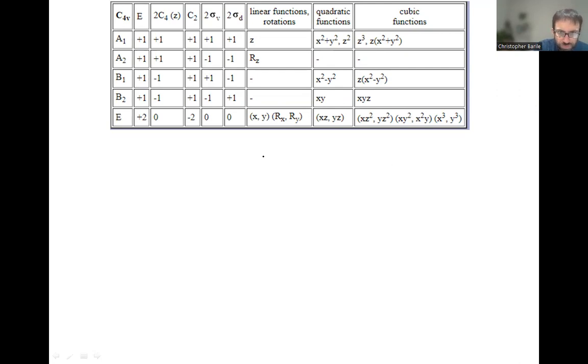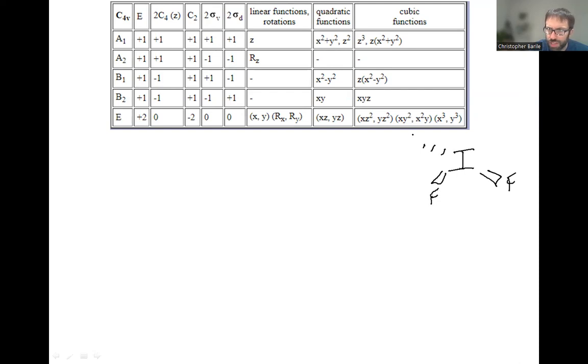So for review, we can look at the other video for more details of deriving this character table, but we always want to start with an example molecule. And so for C4v, I've been using iodine pentafluoride. Any sort of square pyramidal type molecule will do just fine.